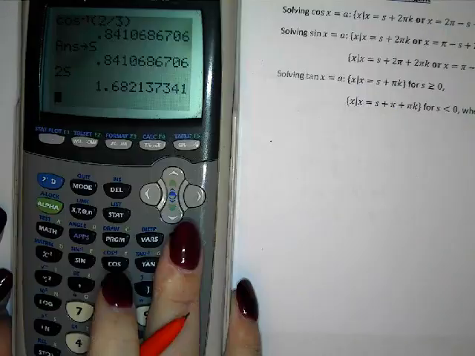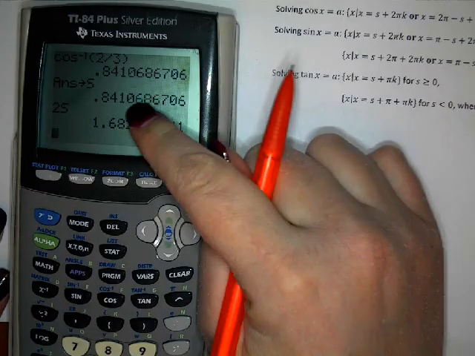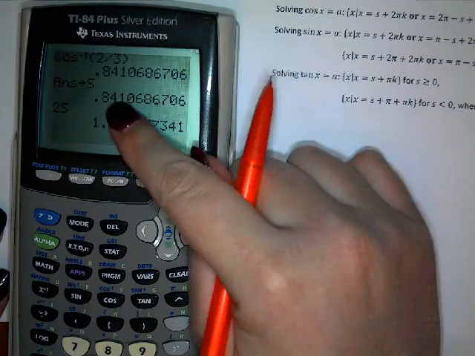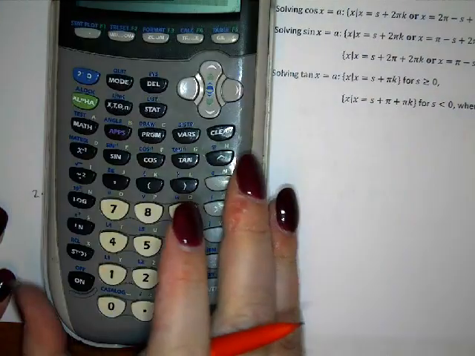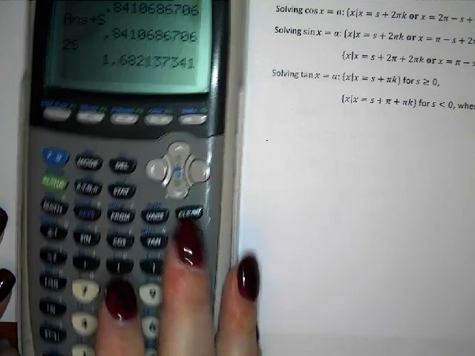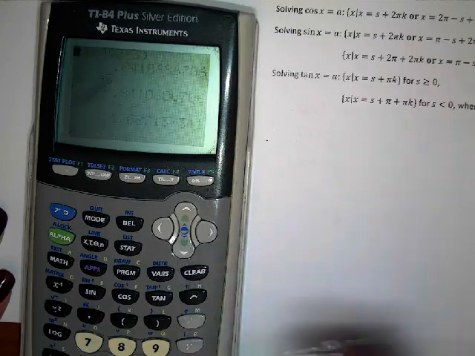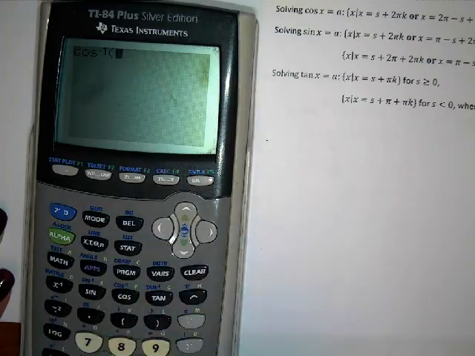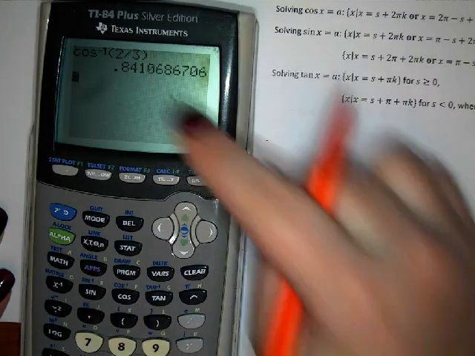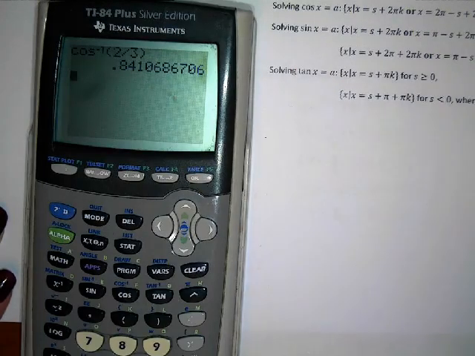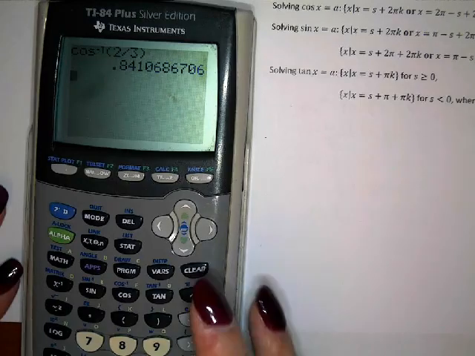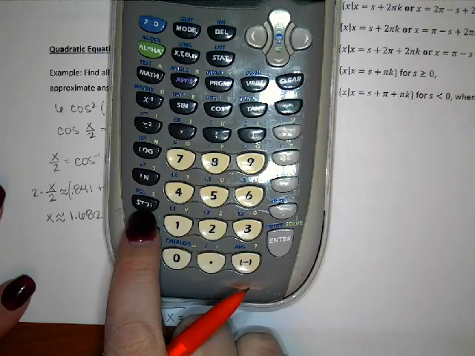Okay, so I took this decimal, I stored it as S, and I did that pretty fast. I don't know if we've done that in this class yet where we stored a letter, so I'm going to go ahead and go through that process again. So cos inverse 2 divided by 3, there's my decimal. To store a decimal in the calculator so that you can access it again and access the exact value, you just hit this store button right here, STO.